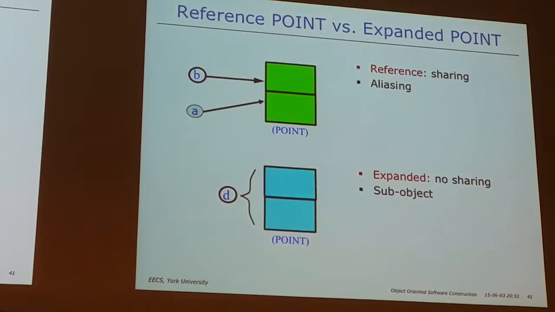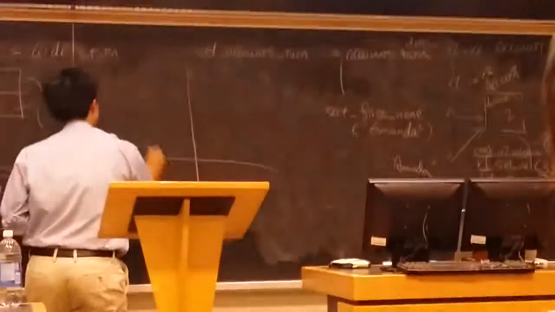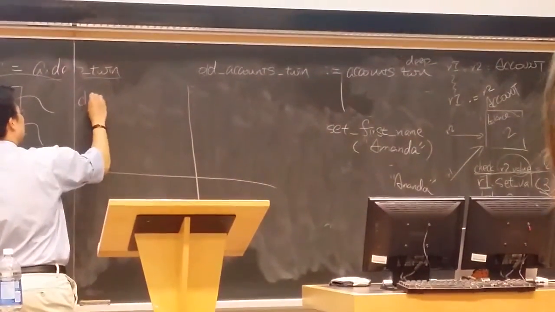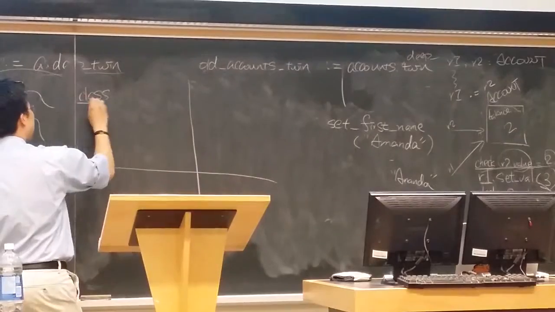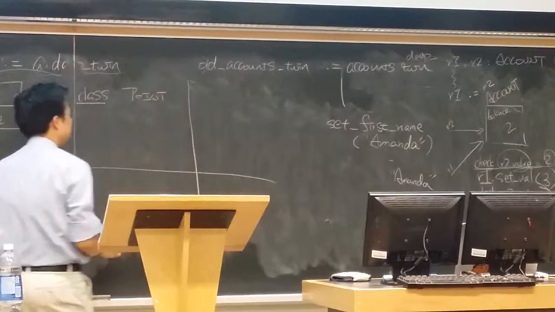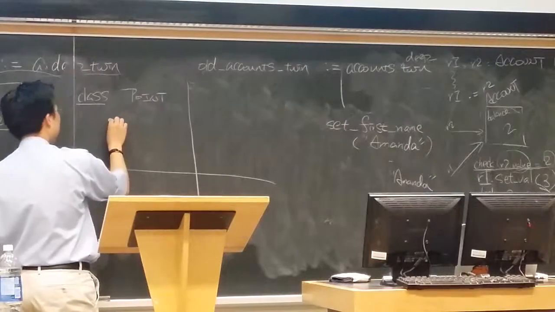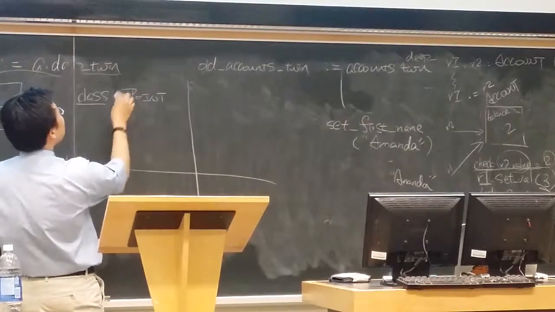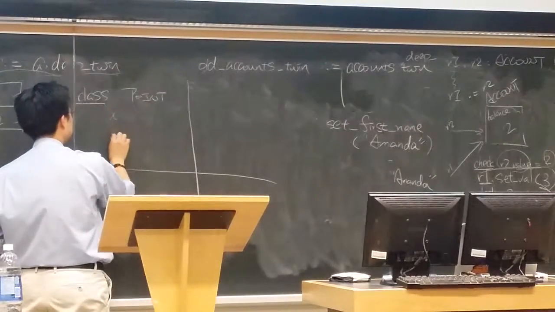And now let's have a look at the case of point. The difference is, let me erase this example here and show you. From the supplier side, if we have class point, let's say we have x and y, for example.